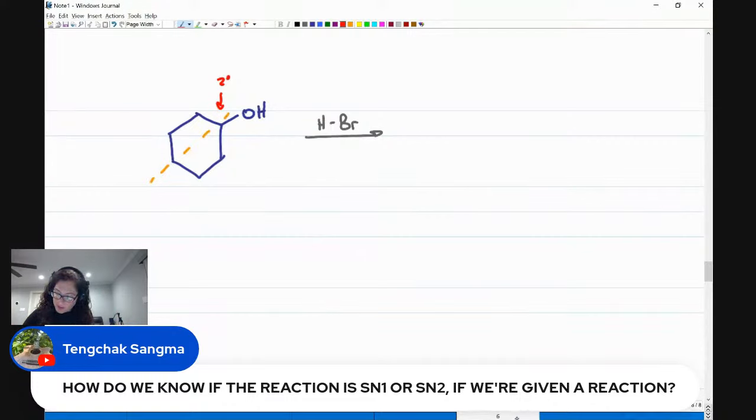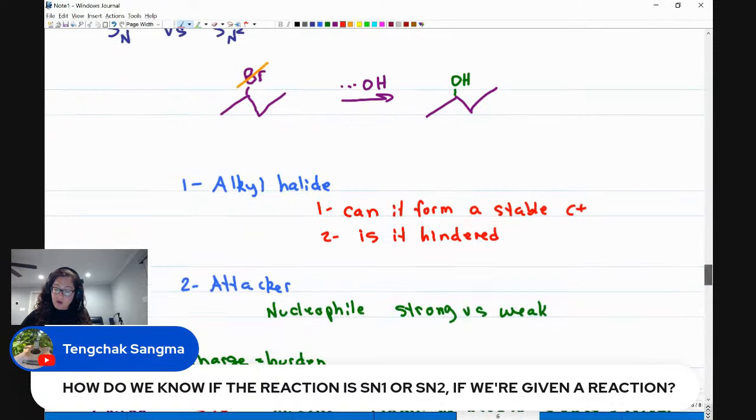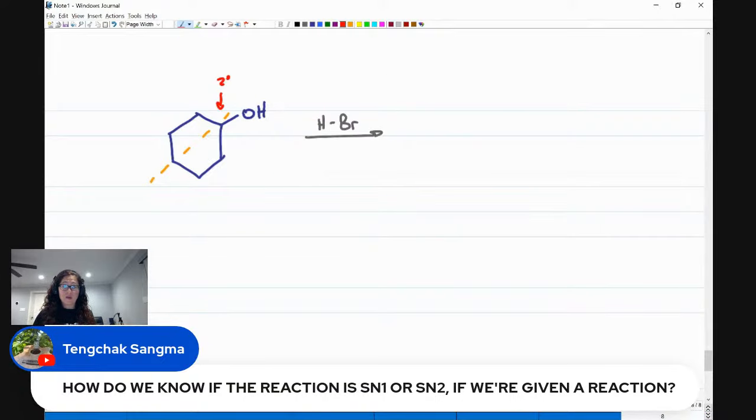The next thing I'm going to look at is the attacker. Is it strong or weak? I didn't give you a solvent. So what is the attacker? Well, let's assume it's a solvent that is not very reactive. And sometimes your professors will not give you a solvent because this is all they want you to look at. I seem to have no solvent until I realize, wait a minute.